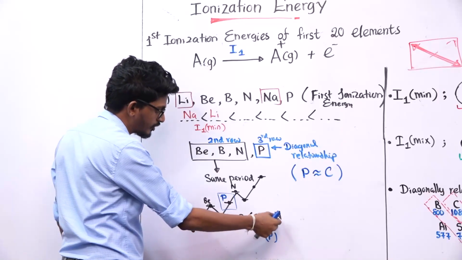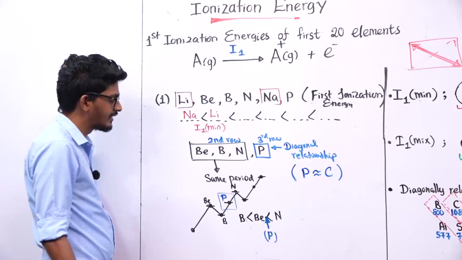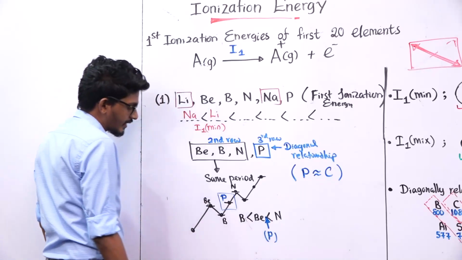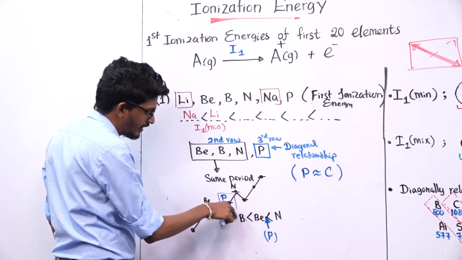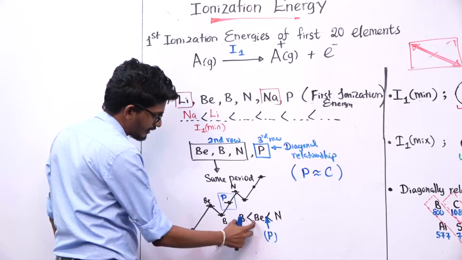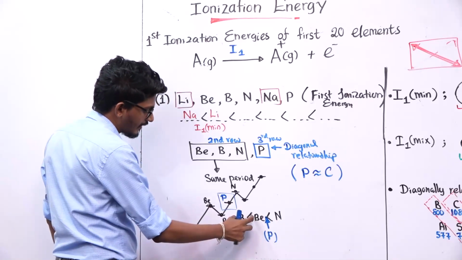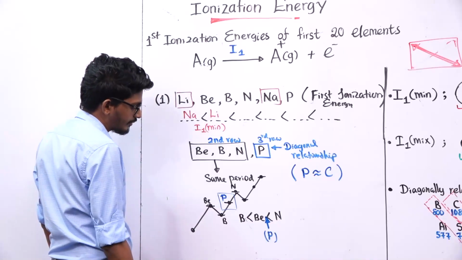But just using that knowledge, we can't say whether phosphorus appears here, here or here. Those are all positions where you come up with lower values than nitrogen. So that is a problem.